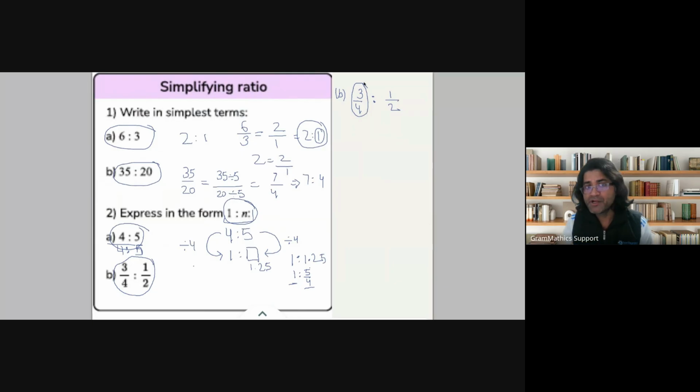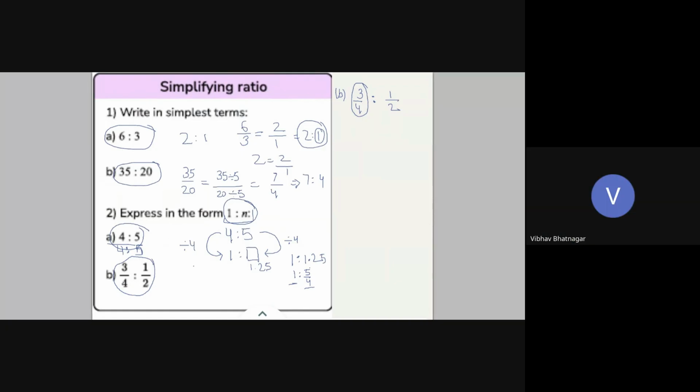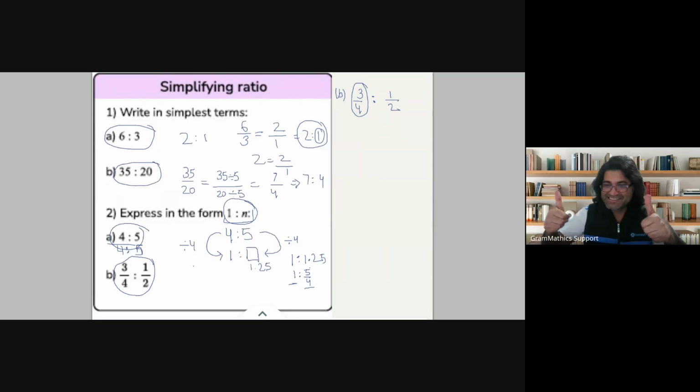So what operation do I apply on 3/4 to make it 1? Do you know? Do I multiply with something or do I divide by something? Yes, Ojas. Do we divide it by 3 and then multiply it by 4? Excellent. Because 3 is here on the top, we have to cancel this 3.